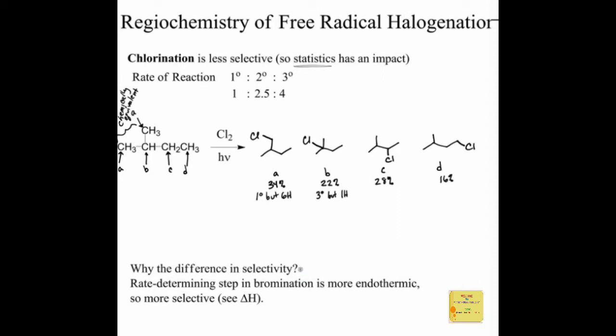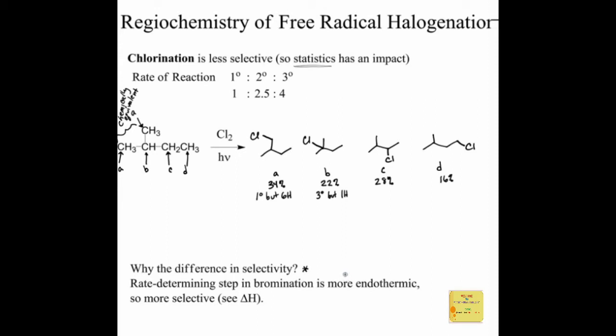One last thing, let's just ask quickly, why would there be such a difference in the selectivity? If they're both going through the same tertiary carbon radical, why would there be such a huge difference in the bromination reaction rate versus the chlorination reaction rate? And that's because, remember, we're not just forming this radical, we're breaking and forming other bonds.